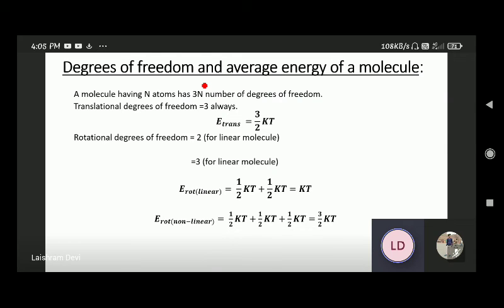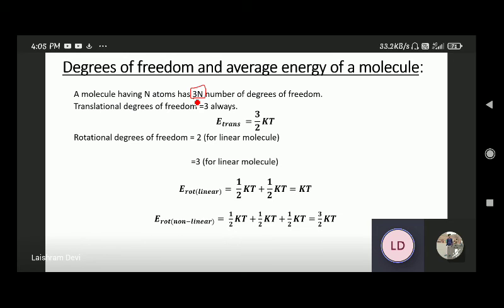So a general formula: a molecule having n number of atoms will have 3n degrees of freedom. A monoatomic gas will have 3 degrees of freedom, so it can only have translational motion along the x-axis, y-axis and z-axis.